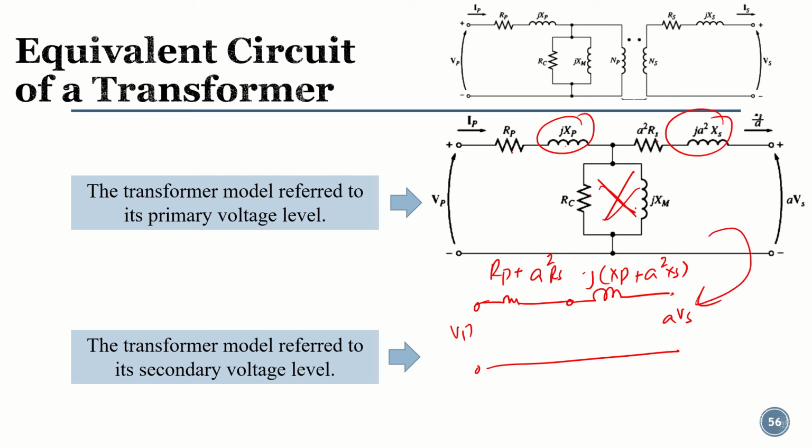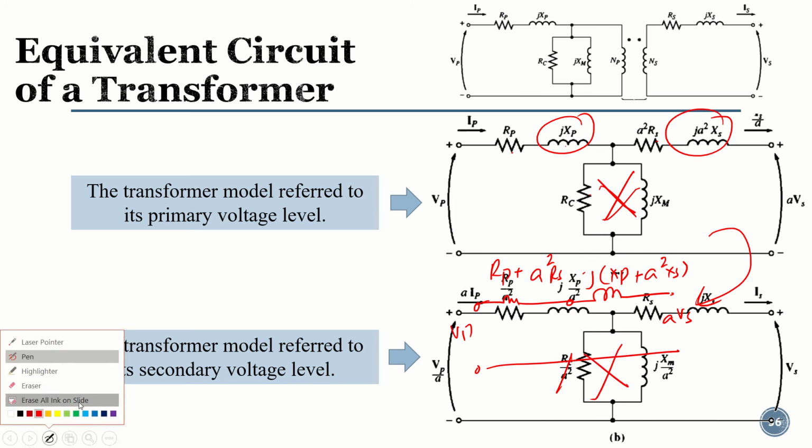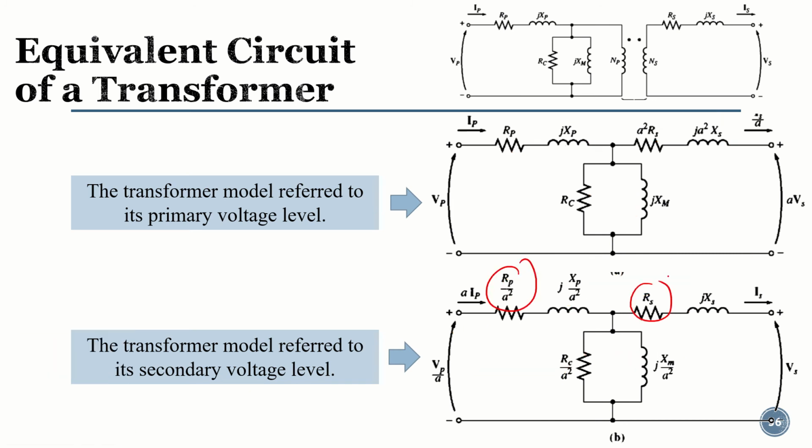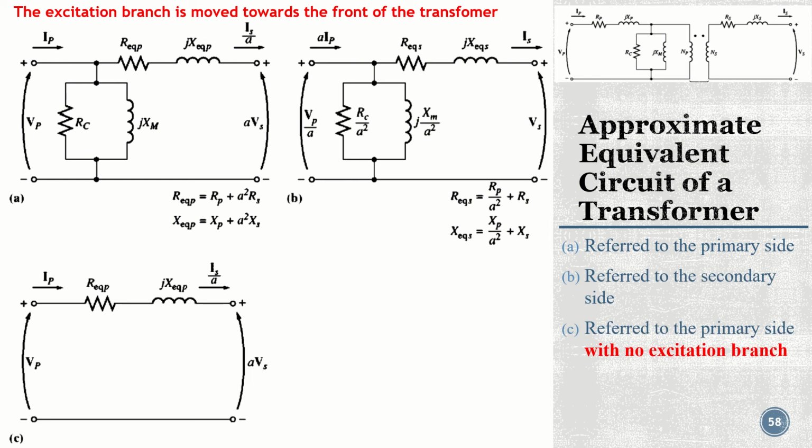We removed the excitation branch component, and the same thing will happen in this other case. Again this is removed. So now this resistance and this resistance will be added, and this reactance and this reactance will be added. This will make our circuit simpler like this one.